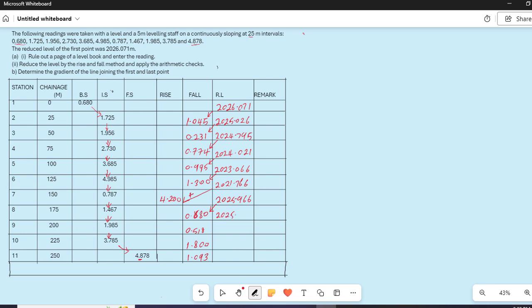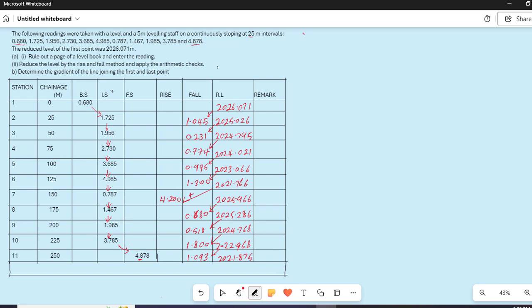Then I subtract 0.518, you get 2024.768. Then I subtract 1.08, this gives me 2022.968. And again I subtract the last one, and this one will give me 2021.875. So that is the reduced level.